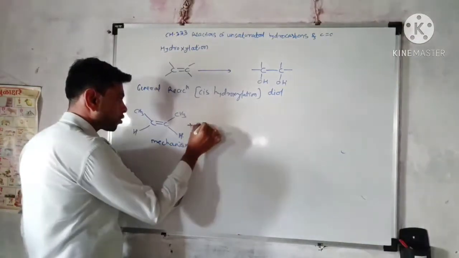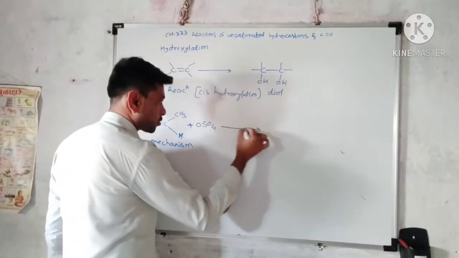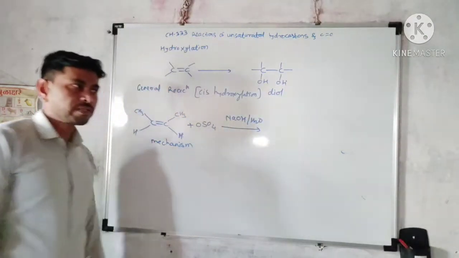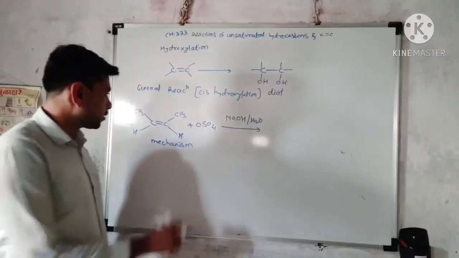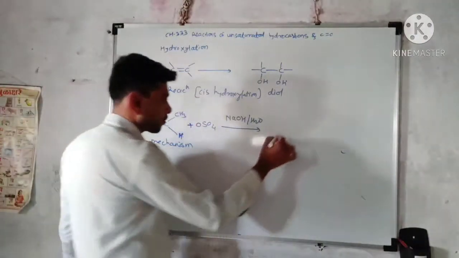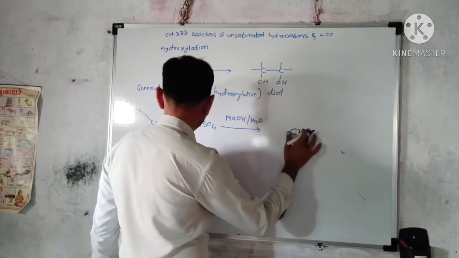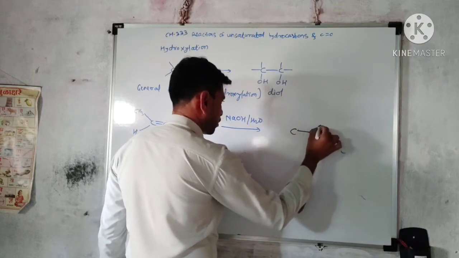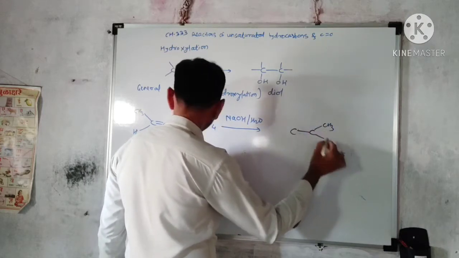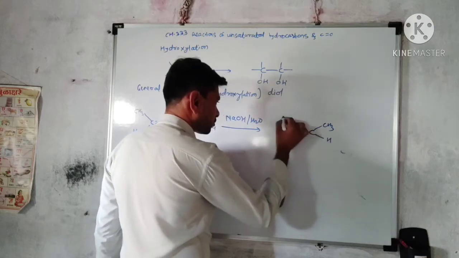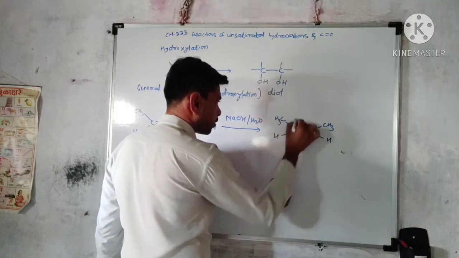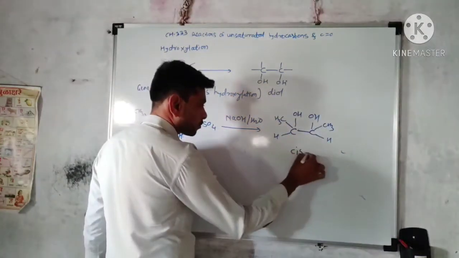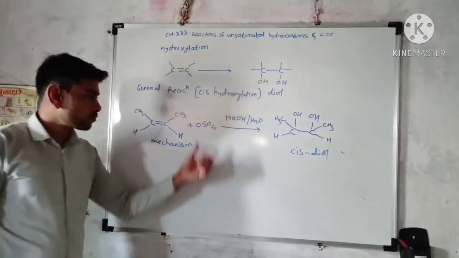This alkene, when treated with osmium tetroxide in alkaline condition, gives the formation of cis diol. So this cis diol formation takes place via osmium tetroxide.